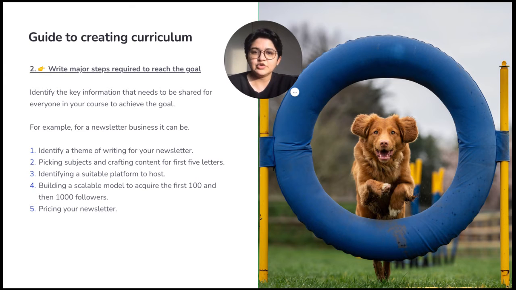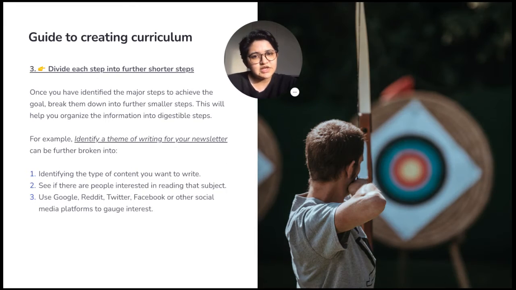So you had an outcome, and then you break down that outcome into smaller steps or pieces or modules to achieve that outcome. Once you have done that, you take another step back and divide each step into further smaller steps.